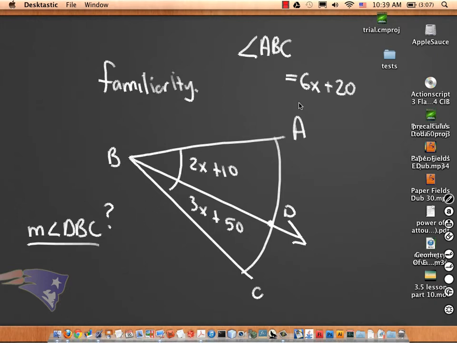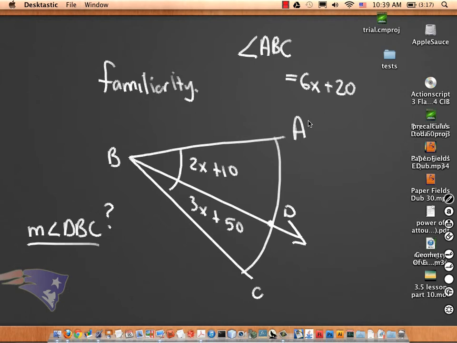That's exactly right. What you're seeing here is the angle addition postulate. The whole angle ABC can be broken up into smaller angles, ABD and DBC. So you can add the expressions up here, set them equal to this. And what's that going to give you when you solve the equation? It's going to give you the value of x.